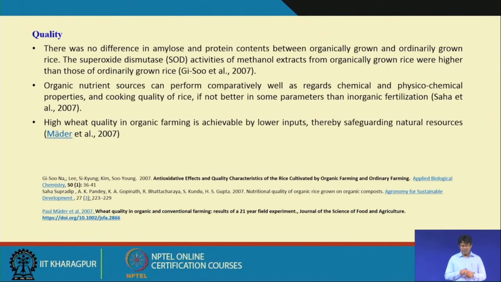So, by doing organic farming, we are trying to maintain the yield level, because especially, as we discussed, in cereal crops the challenge is to have the same yield levels as chemical farming. We have to add huge amounts of organic fertilizers and organic manures to have the same yield levels as chemical farming.